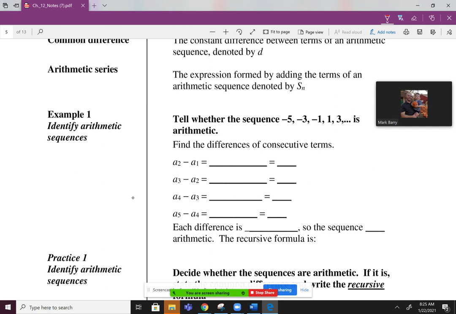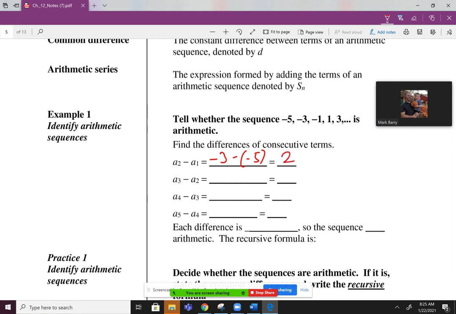So a sub 2 minus a sub 1. Following the list, I'm going to subtract -3 minus -5. We're subtracting backwards, a sub 2 minus a sub 1. Minus minus goes to plus plus there, so I have a positive 2.